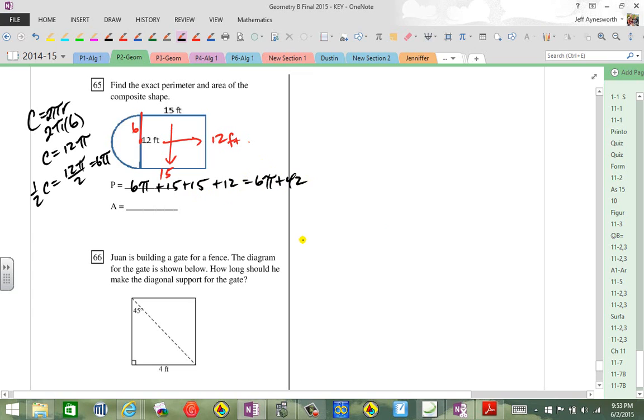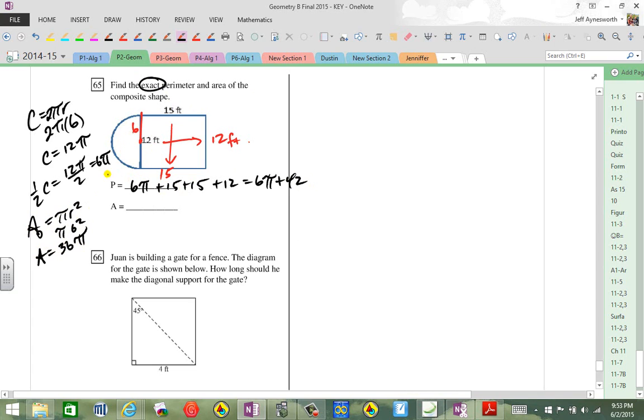So now, what else do we want to do? Well, what we want to do is find the area. It says exact, right? So we don't need a calculator here. The area of a circle is pi times radius squared, or pi times 6 squared, or 36 pi. But we only have half of that.